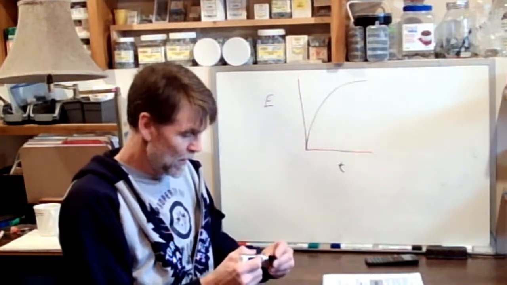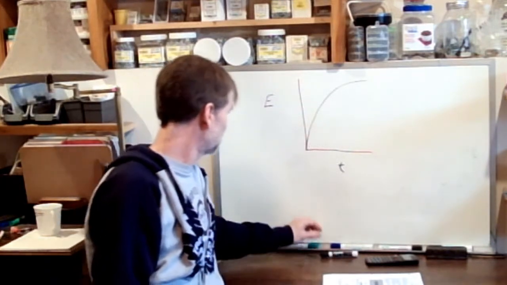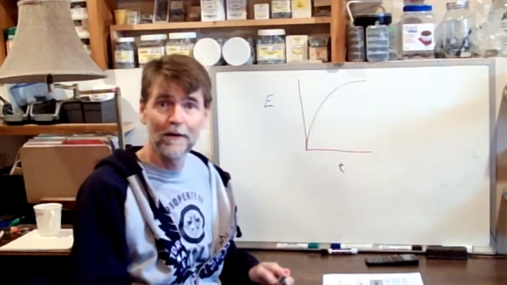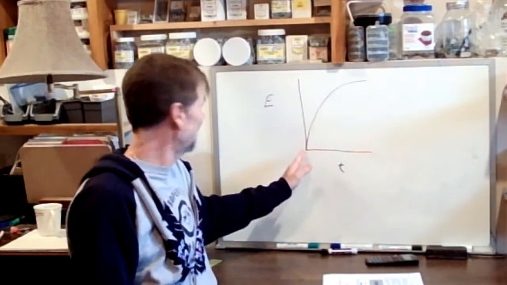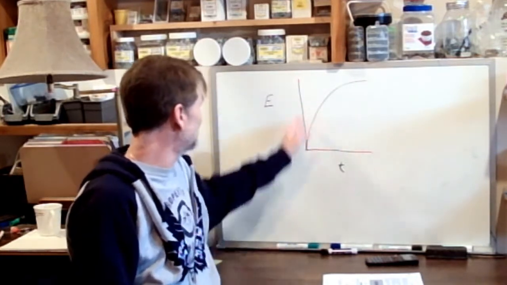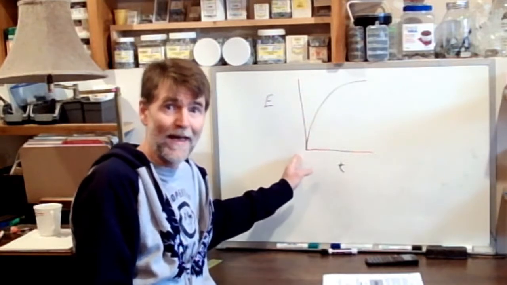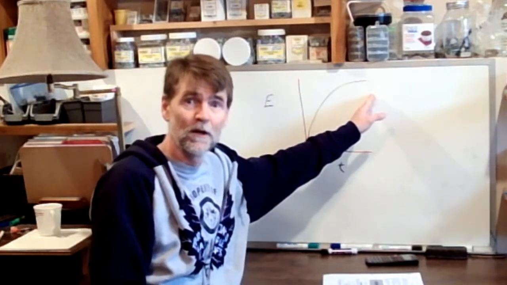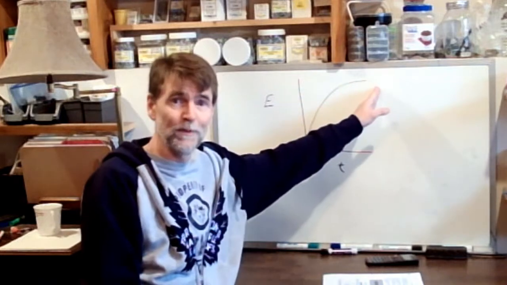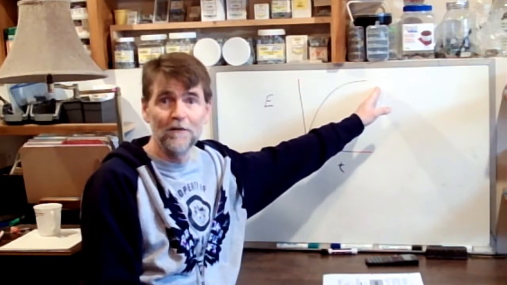So the fact of the matter is, current is doing the exact opposite. So if this is a DC circuit, this is the moment that we close the switch in the circuit, and it takes time for the voltage to build, for the potential to build on the two plates of the capacitor.